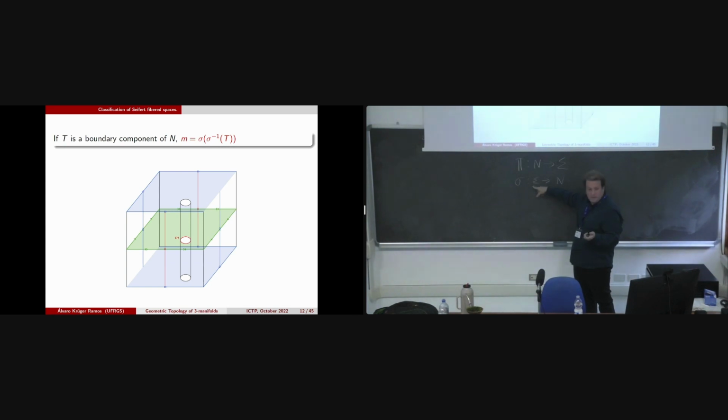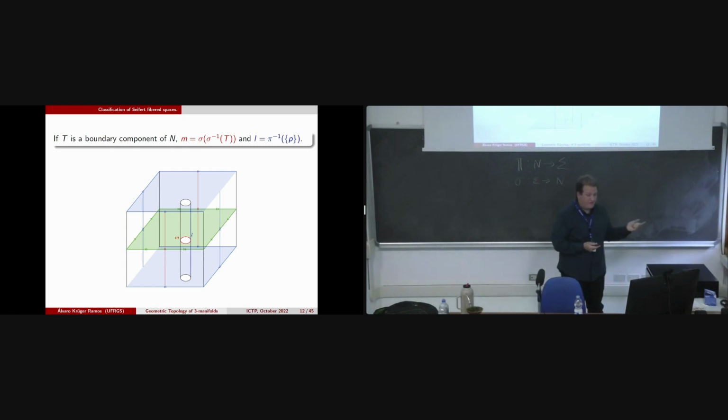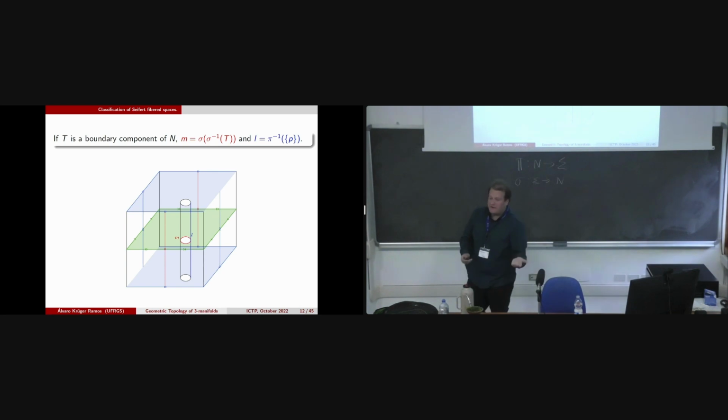Now it's a curve in sigma, and then you project it back to your original manifold. And that's going to be your meridian, by definition. And a longitude is just a fiber. So now you have a standard choice of meridian and a standard choice of longitude.